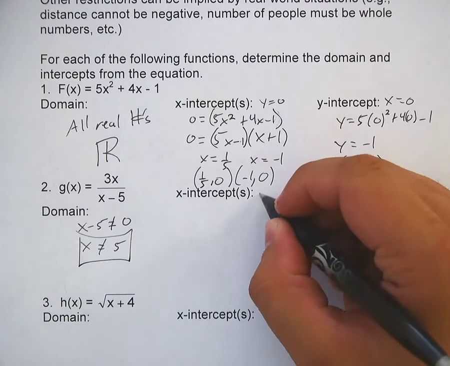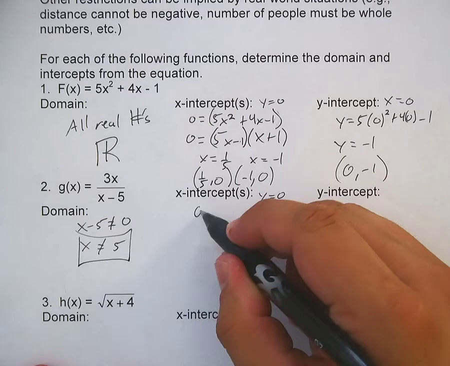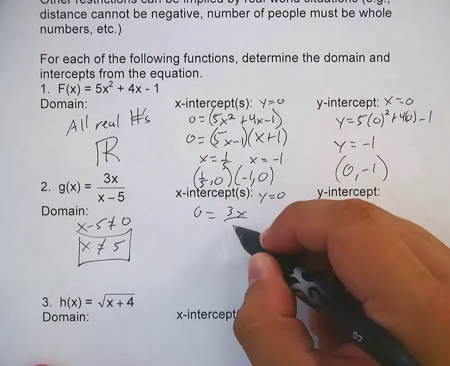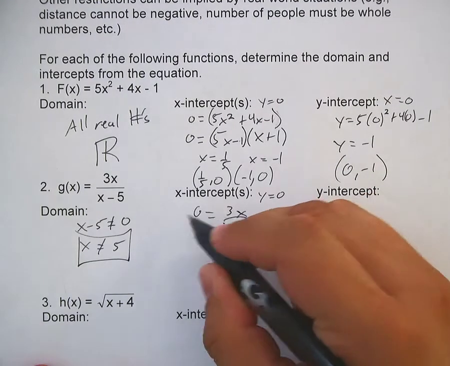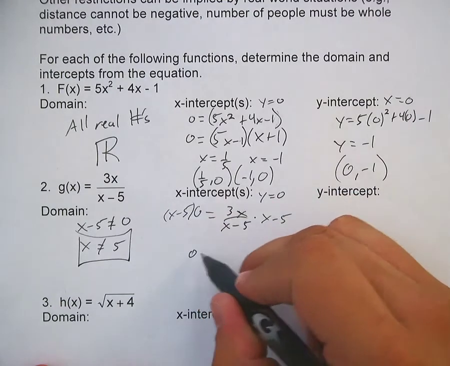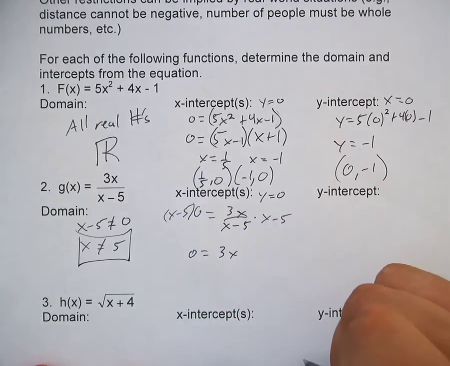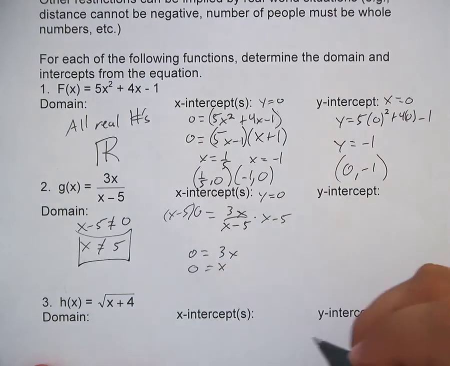X-intercept, set y equal to 0. I'm going to keep writing this until it's drilled in your head. 0 equals 3x over x minus 5. Now if you multiply this side by x minus 5 and you multiply this side by x minus 5, isn't that just going to give you 0 equals 3x? Divide by 3 and won't you get x equals 0?